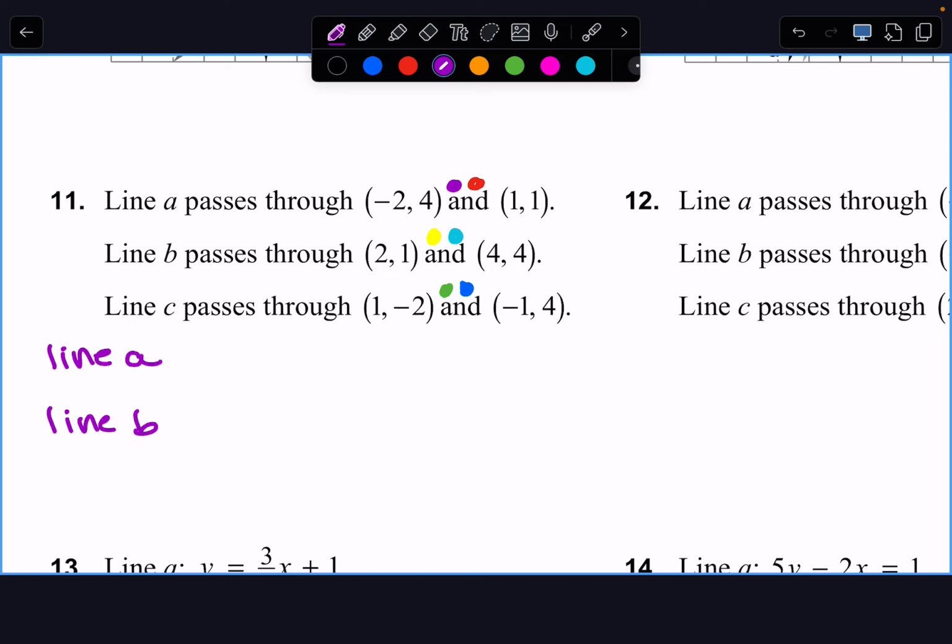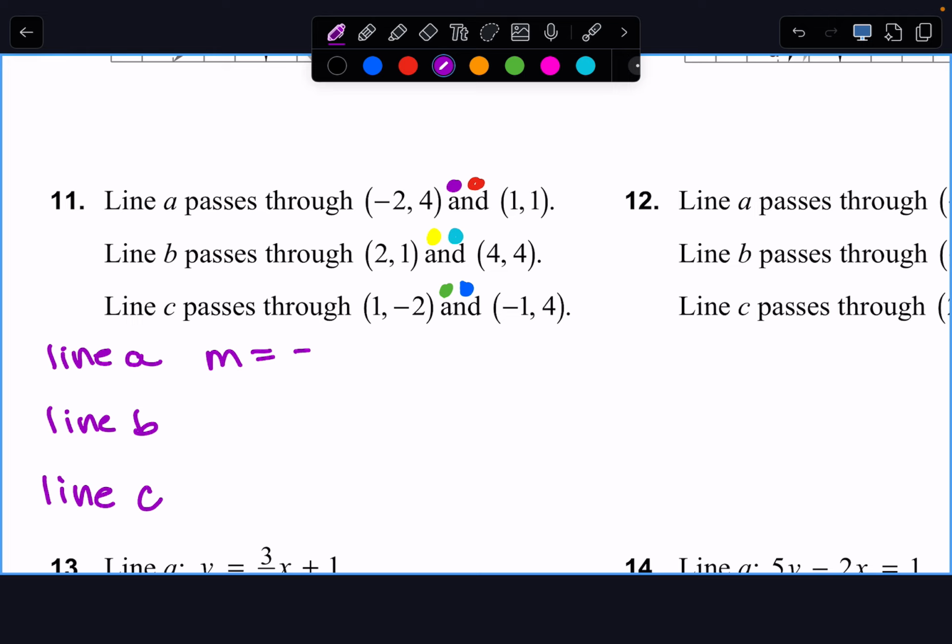Check in with your neighbor just in case. All right, line A, what's our slope? Negative 1. Negative what? Just negative 1?